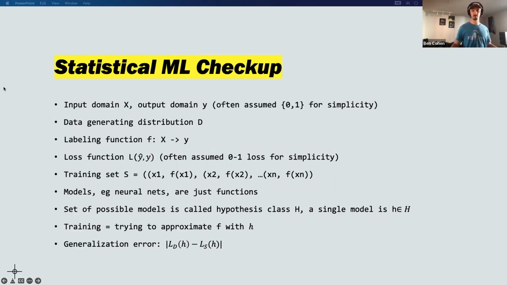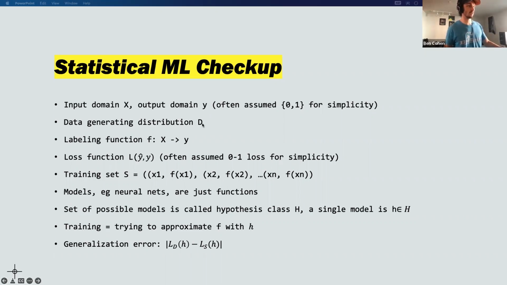All right. Time to do a quick whirlwind of statistical ML, just to get notation on the board. Generally, we assume there's some input domain X and an output domain Y. Frequently, to derive theorems, we assume that Y, the labels, are just binary, 0 or 1. And not all points in X are equally likely.